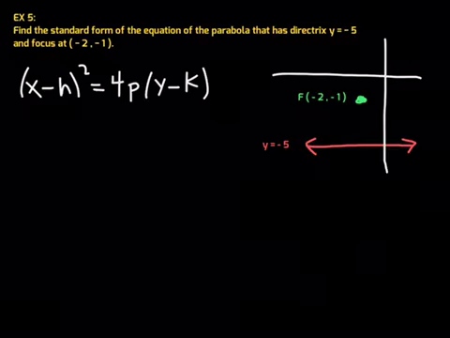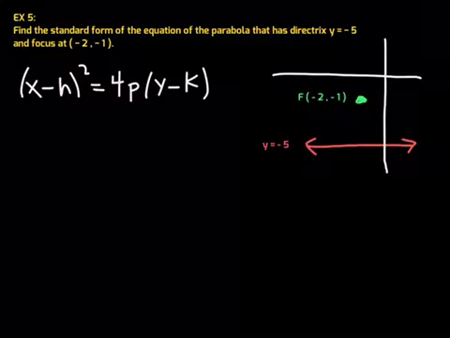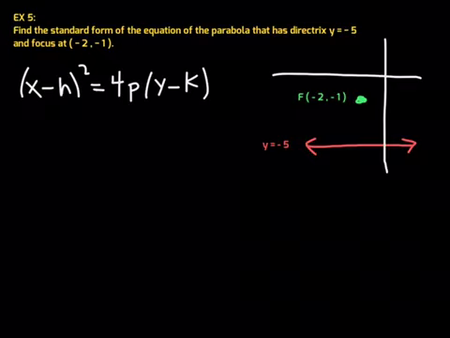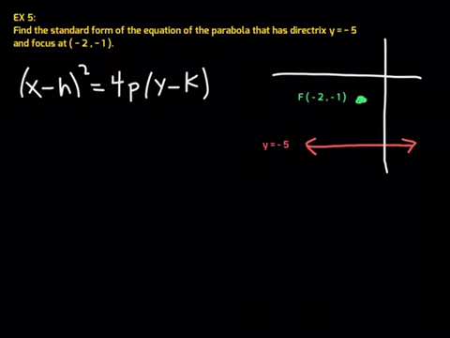Now, let's talk about the vertex. Where is the vertex going to be located? The vertex will be located right in between the focus and the directrix. If you recall at the very beginning of this section, we said that a parabola is defined to be the set of all points that are equidistant, the same distance, from a fixed point called a focus and a fixed line called a directrix.